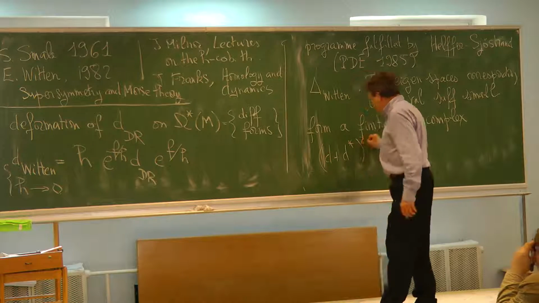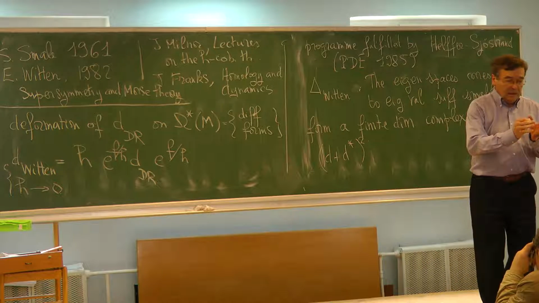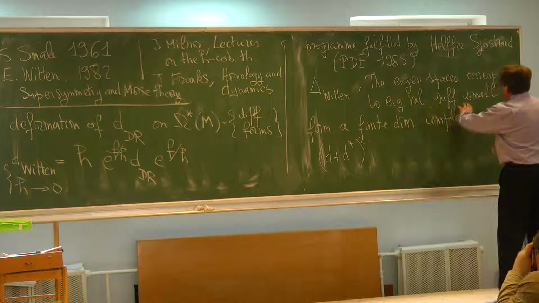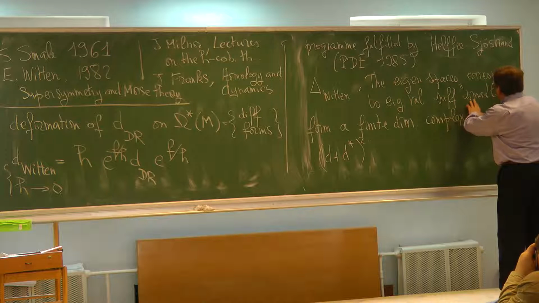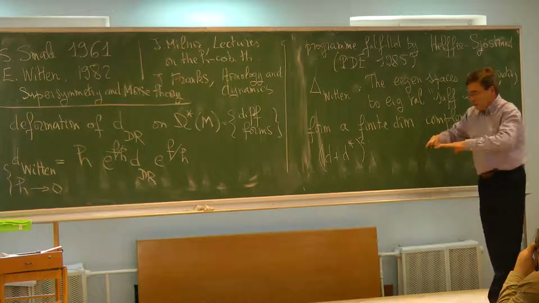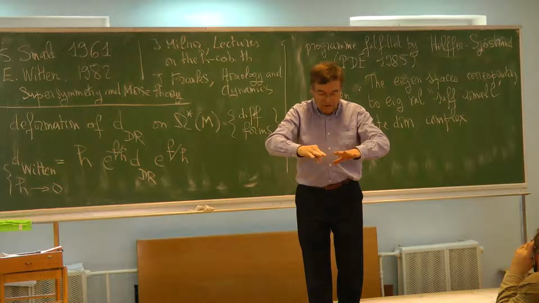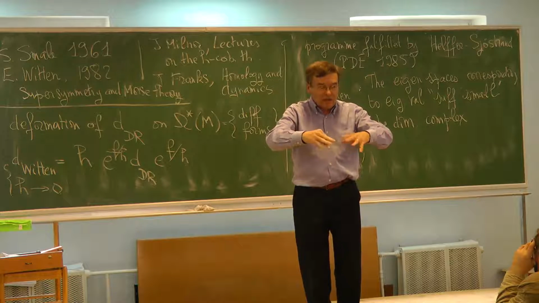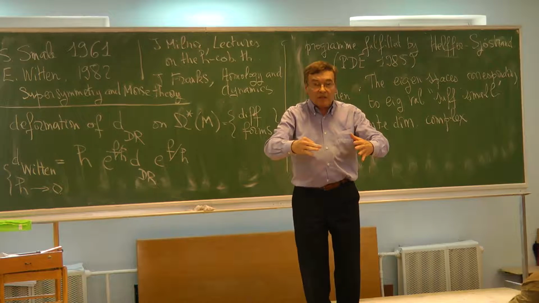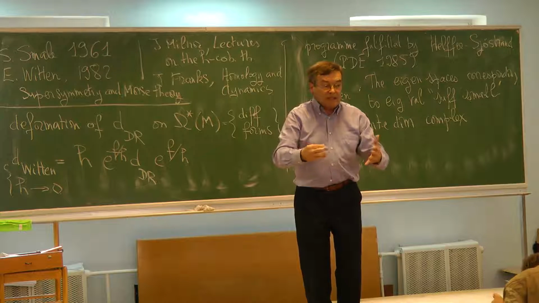As usual. And the phenomenon is the following. If you look, for a given h, at small eigenvalues and the corresponding eigenspace, they are finite dimensional and based on the critical set of f.